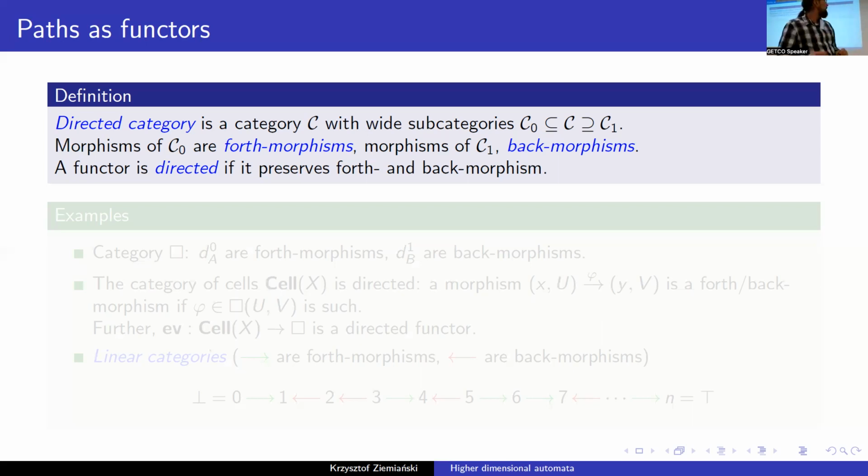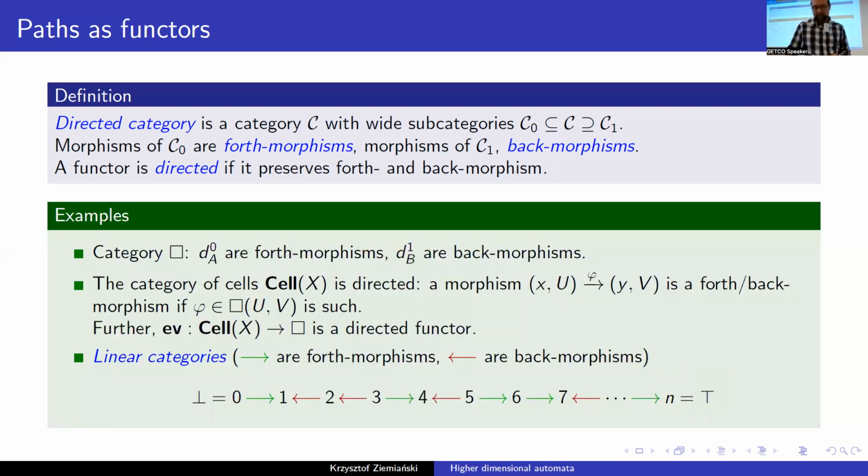Okay, so I want to say what a directed category is: a category with two subcategories, to both of which identities belong. And I need three examples.